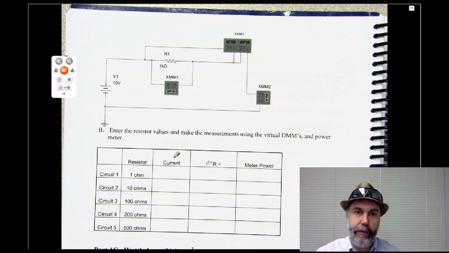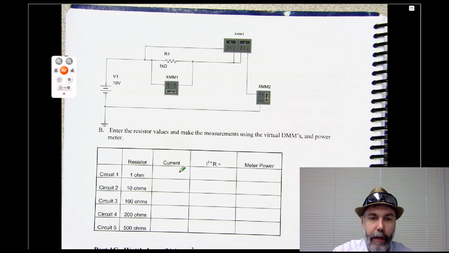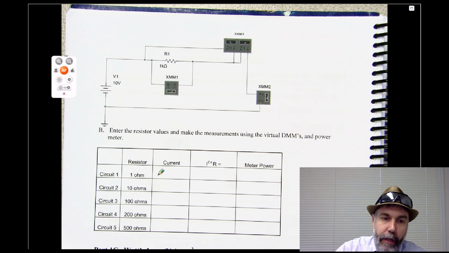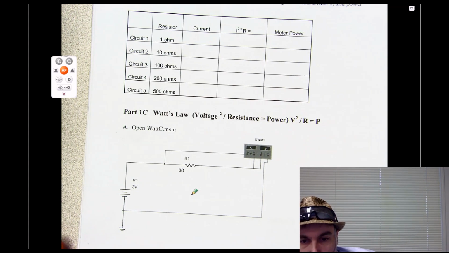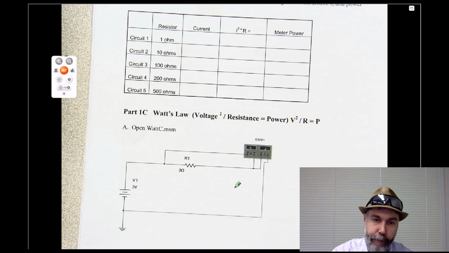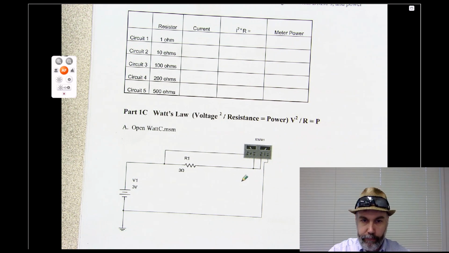So you can see it's almost an identical circuit. But here you're going to write down the current value, and then you're going to calculate I squared times your resistor. And then you'll compare that calculation to your meter power. And then down here, you have a very similar circuit, again with the watt meter.